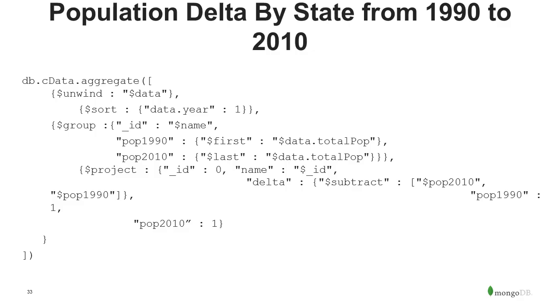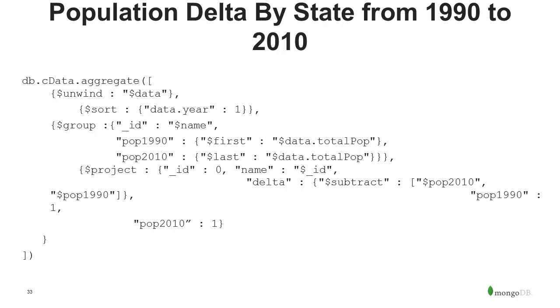And something I forgot to mention earlier is that when you're given problems like find the population delta between these years, there are probably multiple different ways to solve this using all the tools available to you with the aggregation framework. Some ways are probably more efficient than others. Nonetheless, there's usually more than one way to put these together. So keep that in mind if you're wondering, is this the only way to do it?